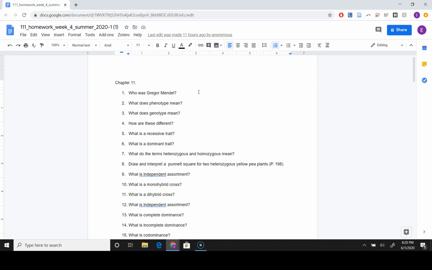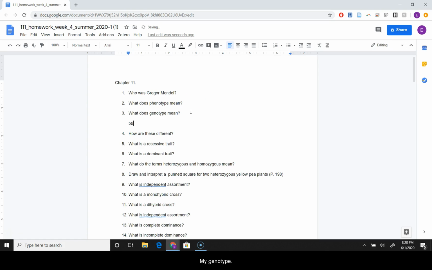So many times genotypes lead to phenotypes. So, for instance, my genotype is that little b, which we will talk about in just a second. But that's my genotype, and that led to my phenotype.